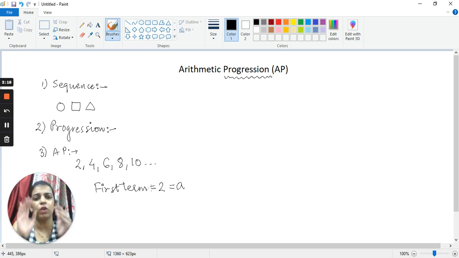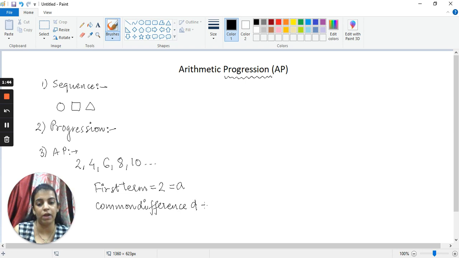You can observe in this sequence that a constant is added to each term. 2 plus 2 is 4, then 4 plus 2 is 6, then 6 plus 2 is 8. So 2 is added, and this 2 is known as the common difference. What is it called? Common difference. This common difference is denoted by small d, and in this case it is 2.